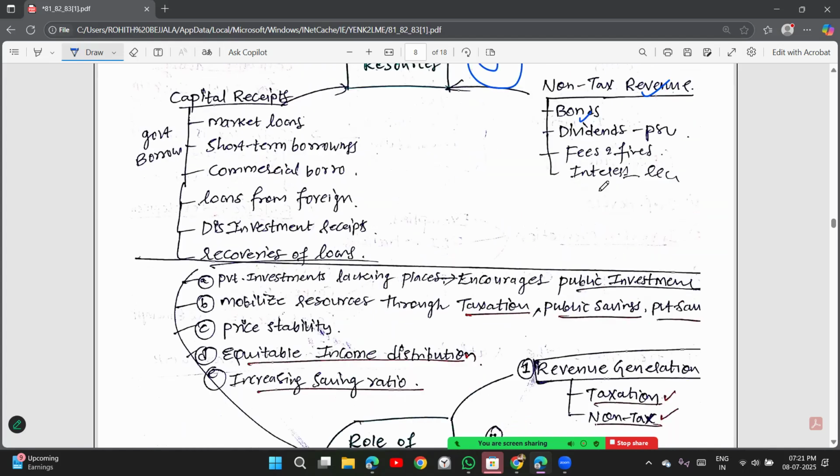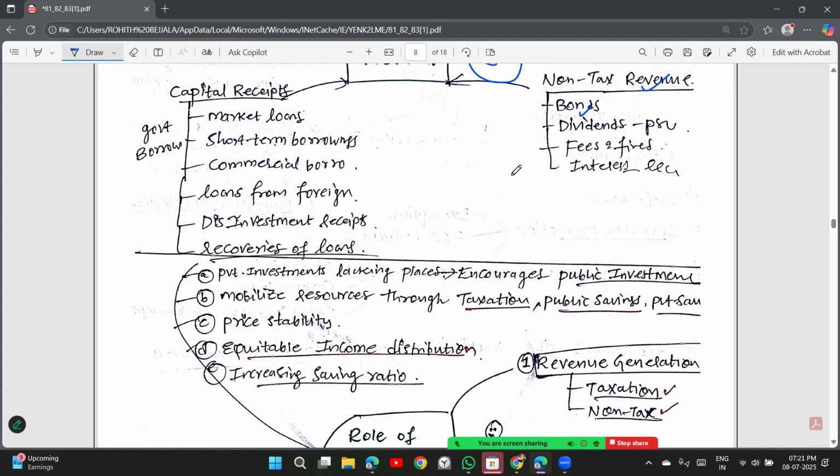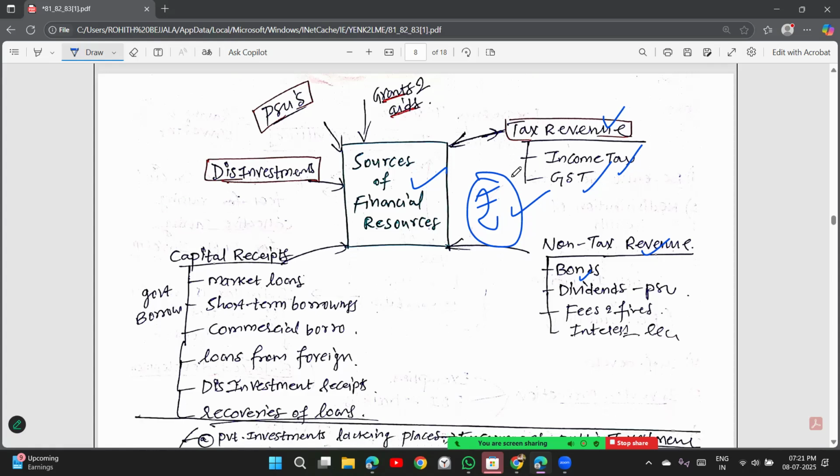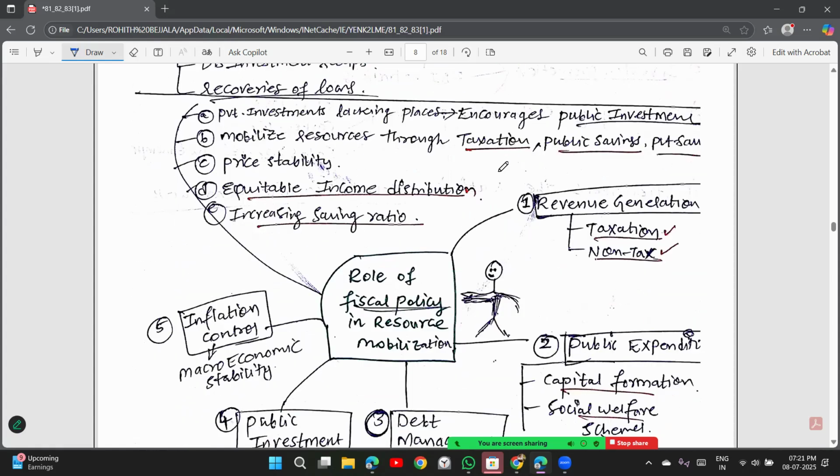So, in this perspective, we have to look at the different states and what is the public expenditure, capital expenditure of the government. That will be covered in the budget and economic survey topics. Now, we'll not be touching the numbers.